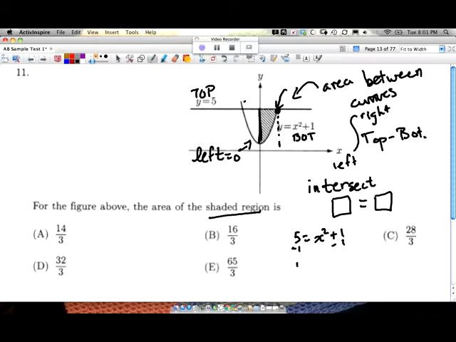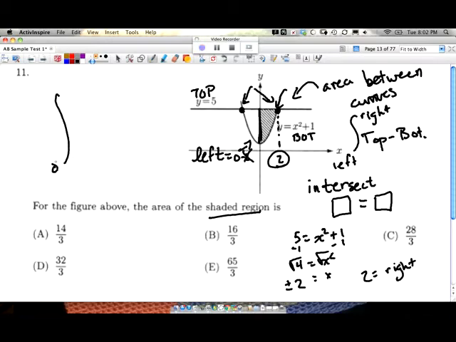Okay, well if I subtract 1 from both sides, I get 4 equals x squared, and then square root, x equals plus or minus 2, which is true because it intersects both here and here, both places. So this would be 2, and this would be -2. I don't really care about the -2. I just want the 2. So 2 equals my right.